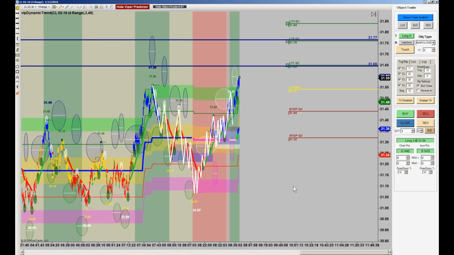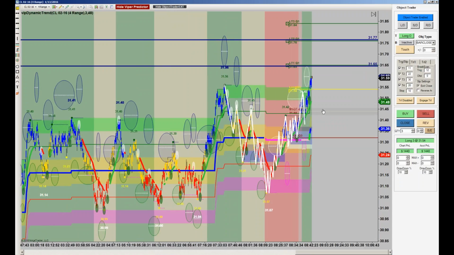Well, obviously your stop would go underneath these swings, just like we teach. Well, we missed that one target because we didn't quite fade it enough. That's okay. Hopefully we'll get it.